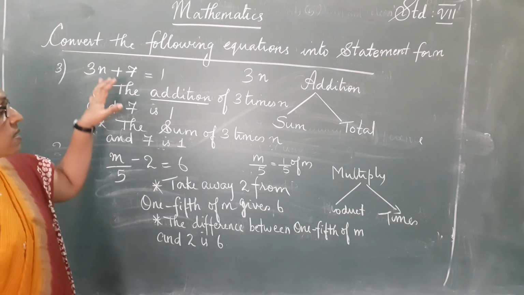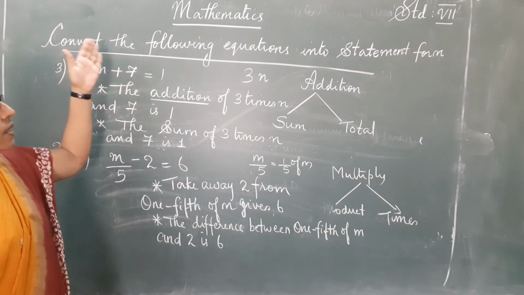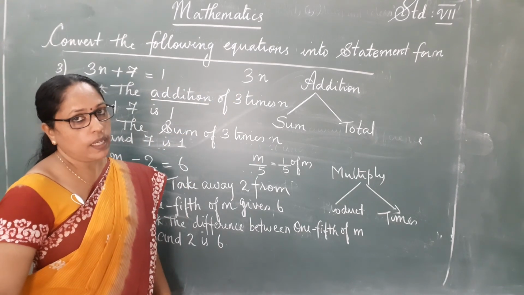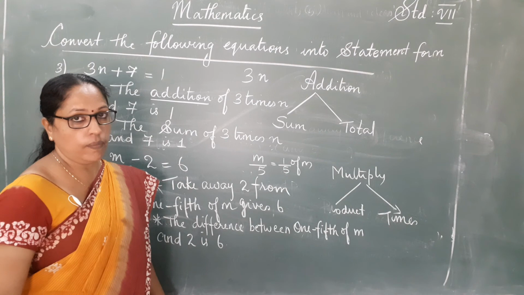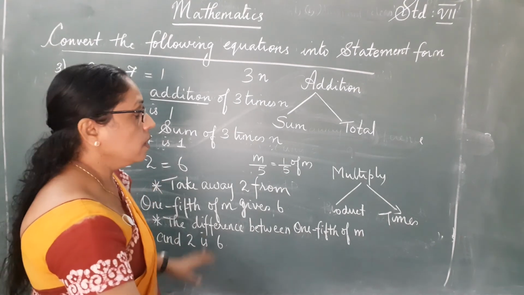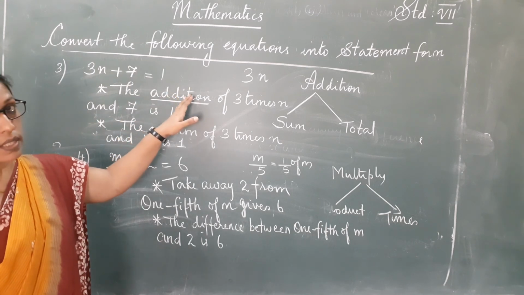Okay. So these are the ways in which we can convert an equation into statement form. I hope you understood. Now in the exercise we have questions that you can do as homework. So this is the way we change equation into statement.